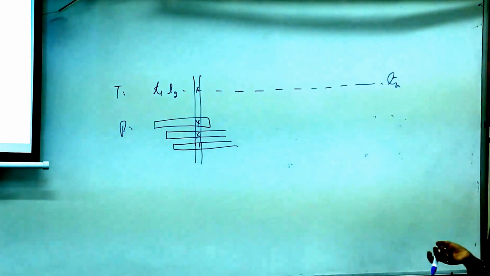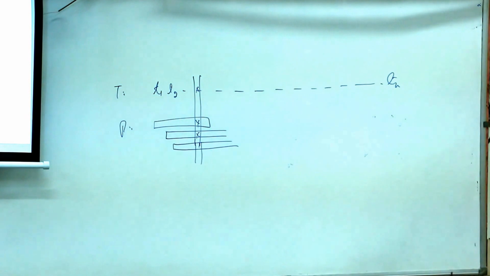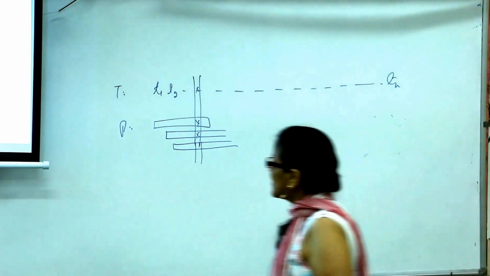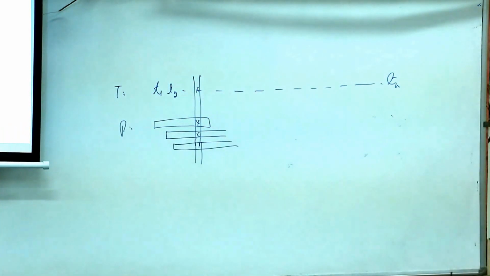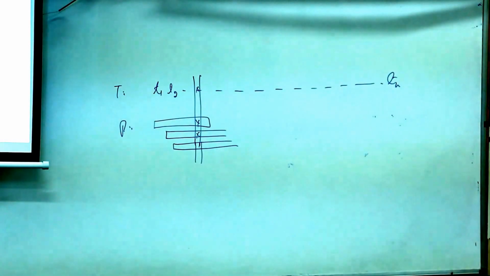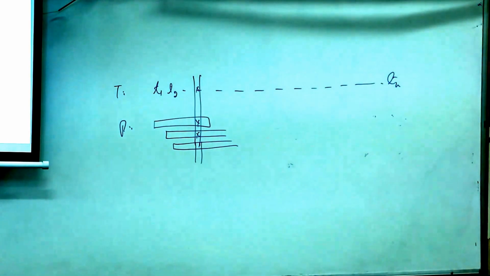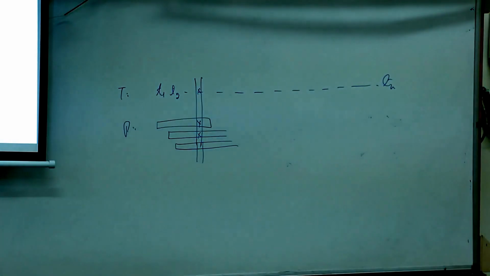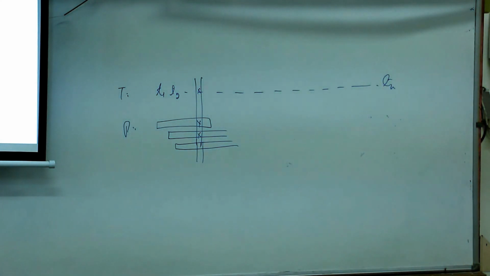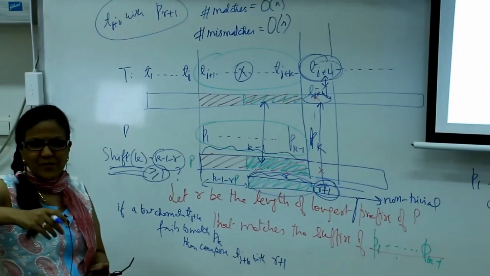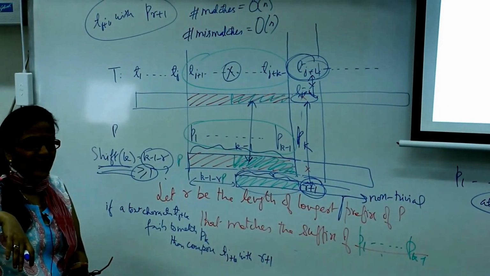Order n times, right? So the number of mismatches is at most order n. Yeah, whatever, order n minus m, etc.